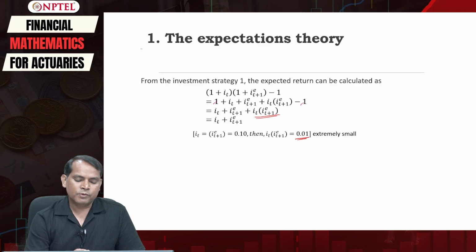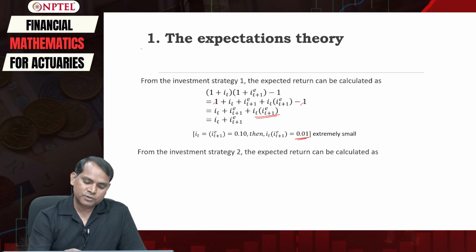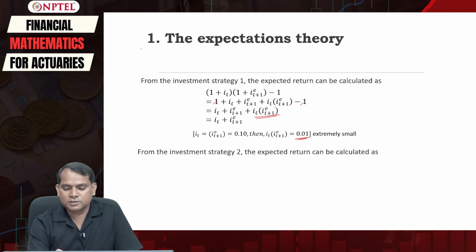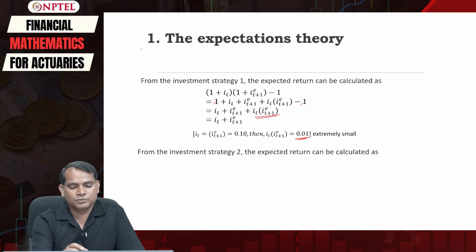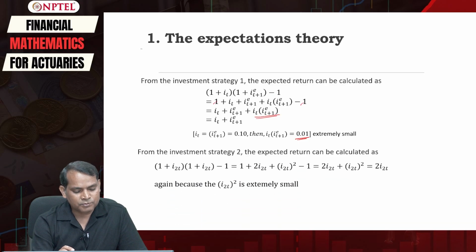Ignoring this, we will rewrite this as i_t plus i_{t+1}^e. Now, if you are taking the second strategy, then what will happen? From investment strategy 2, the expected return can be computed using a similar formula: (1 plus i_2t) multiplied by (1 plus i_2t) minus 1, which is 1 plus 2 i_2t plus i_2t squared minus 1.